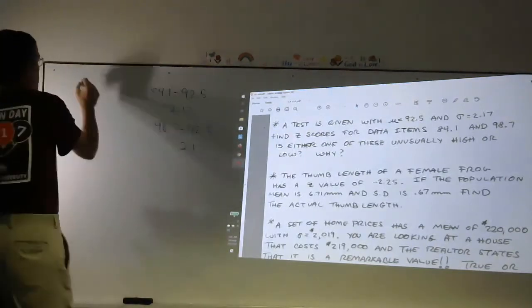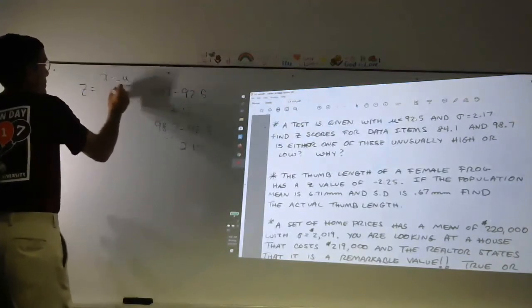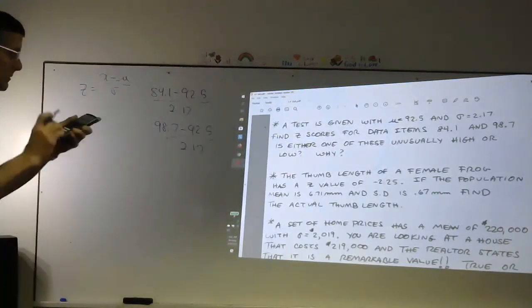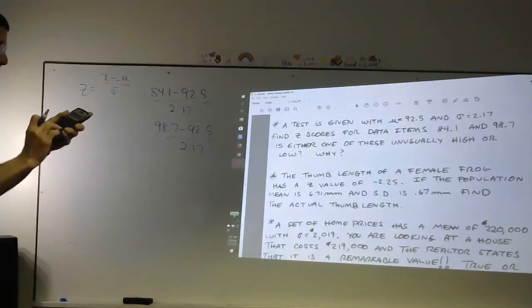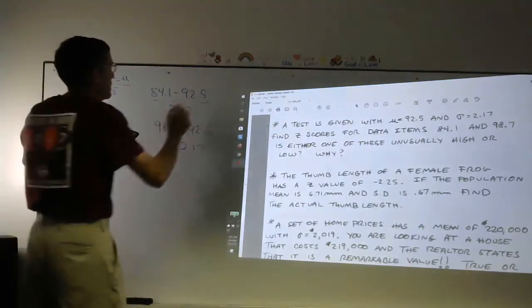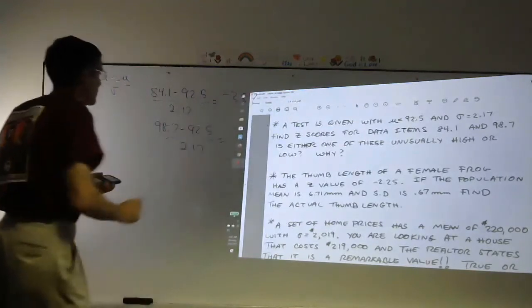I'm just doing the formula. Z is x minus mu all over sigma, right? Okay, so 84.1 minus 92.5 equals, make sure you hit equals, divided by 2.17, I get negative 3.87. How about this one?